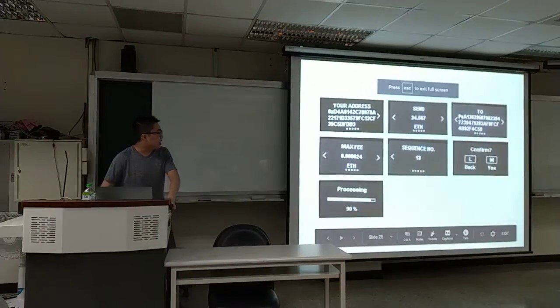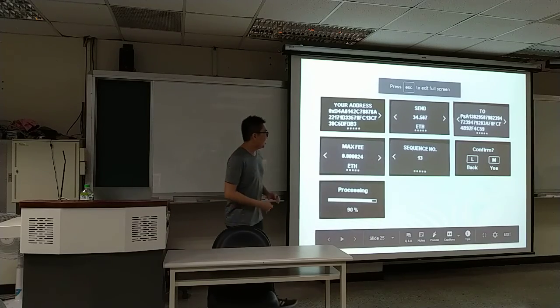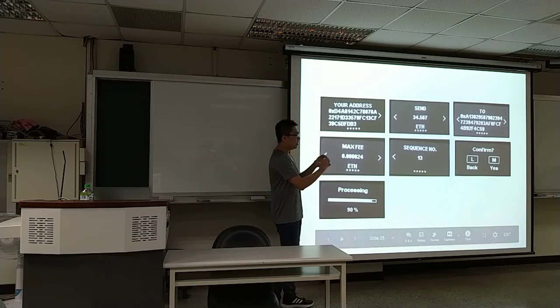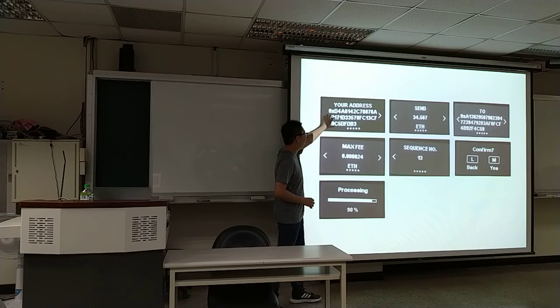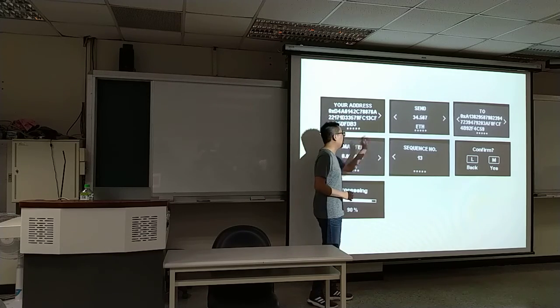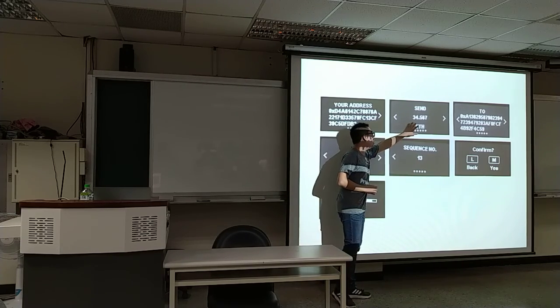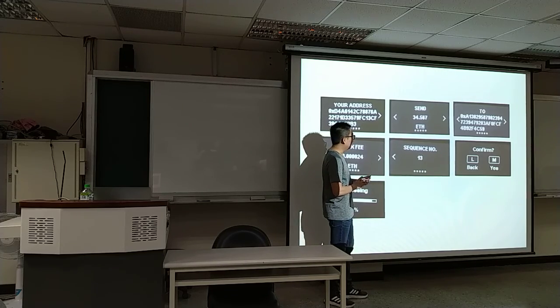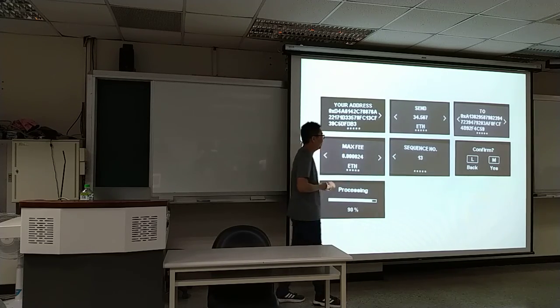And here is a photo of how the device works. On the small device, the screen can display that we are actually going to send a certain amount of money to a certain account.